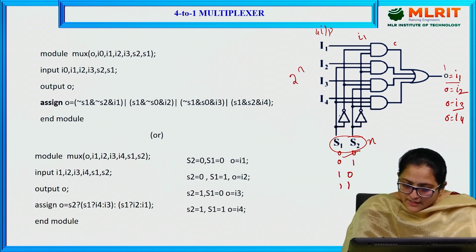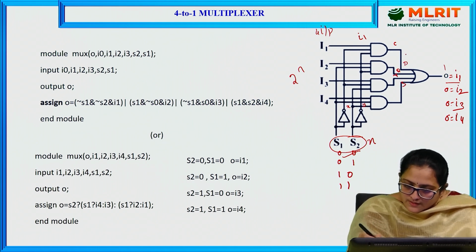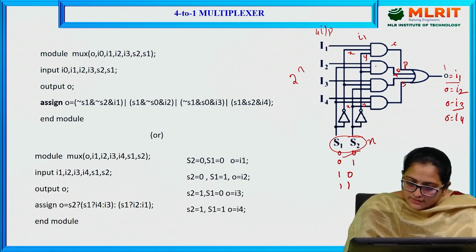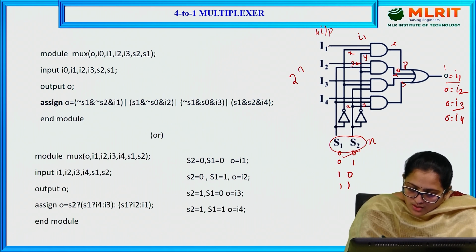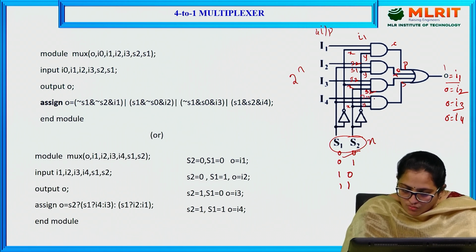The outputs of the NOT gates have to be assigned to wires, let us assume X and Y, and the AND gate outputs are P, Q, R, S. The first AND gate takes I1, X, Y and its output is P. The second takes I2, S1, Y. The third takes I3, X and S2. The fourth takes I4, S1 and S2.